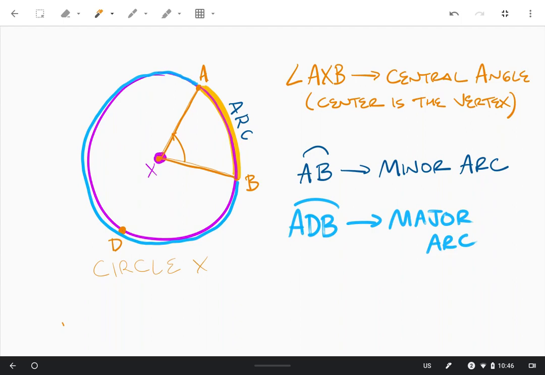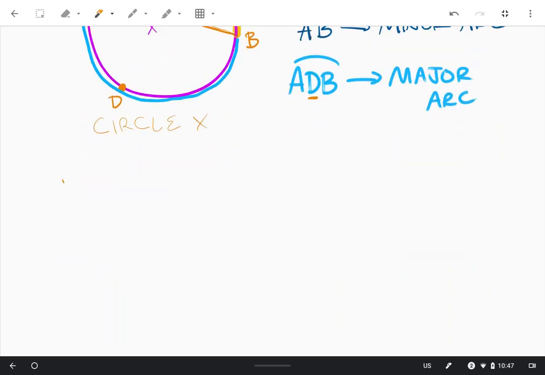And then the longer path that goes around the circle would be called ADB. Notice there's an additional letter here to indicate that it is the longer arc. So I only need two letters when I'm naming a minor arc, but I need three letters when I'm naming a major arc.